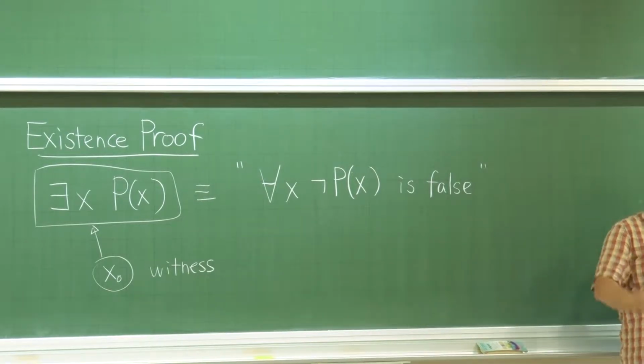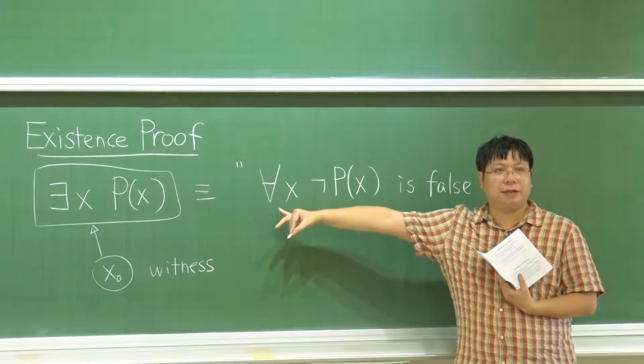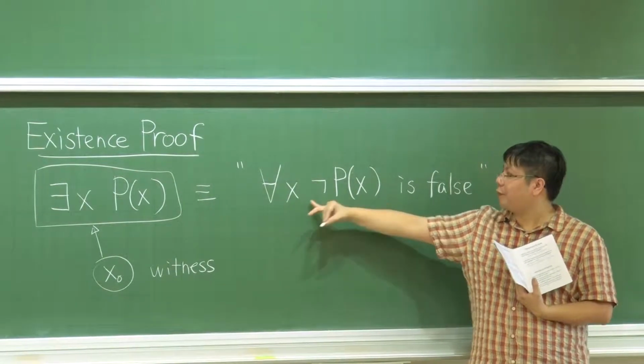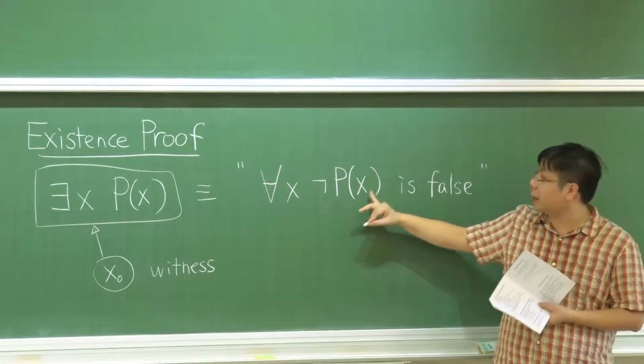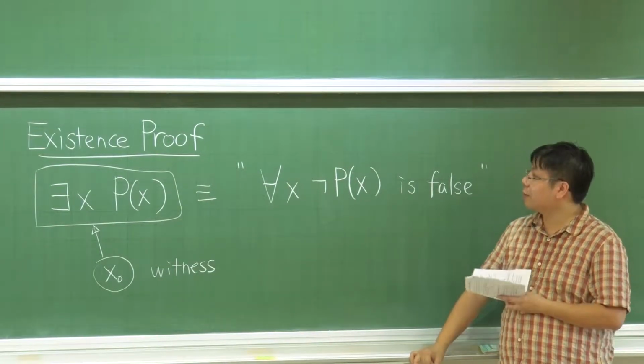To show that there exists some x which makes P(x) true, it is equivalent to showing that if we are claiming for every x not P(x), then there is something that will make this part false. Yes, this is De Morgan's law.